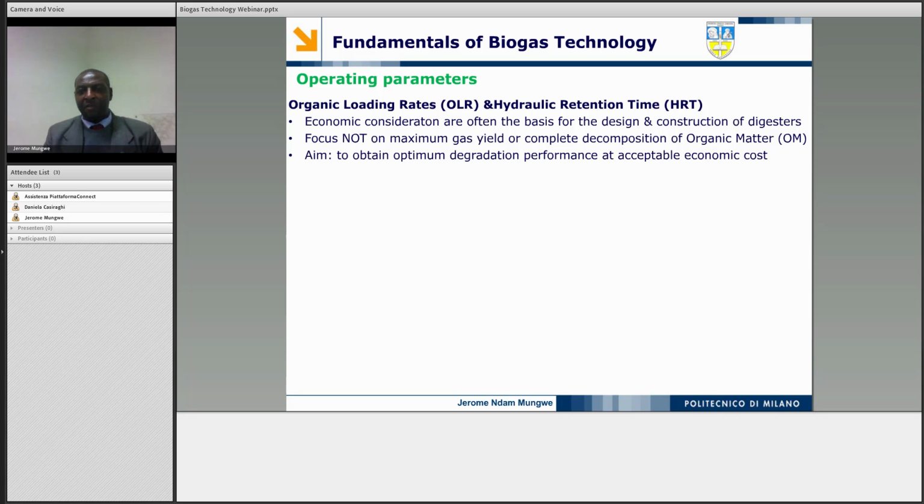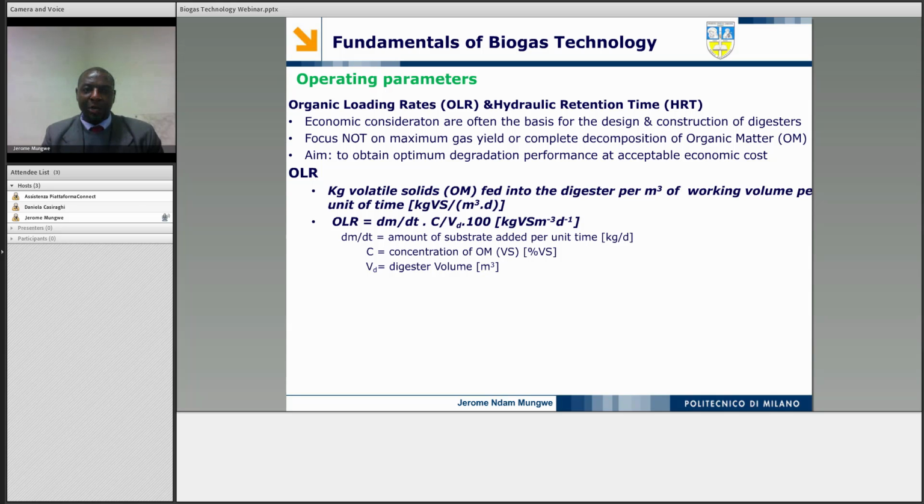Usually in the design of digesters, economic considerations are not often the basis for the design and construction of a digester. The focus is not on maximizing gas yield or complete decomposition of the organic matter introduced into the digester, but the aim is to optimize the degradation process at acceptable economic cost.